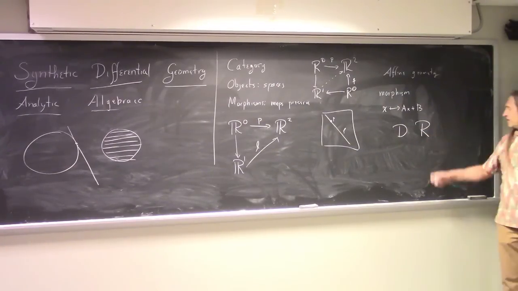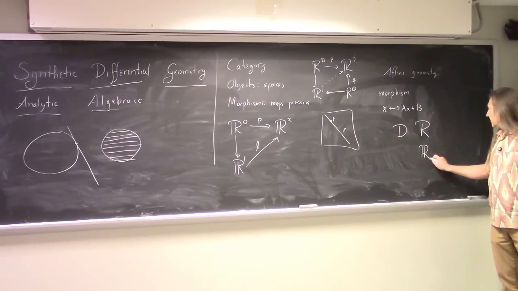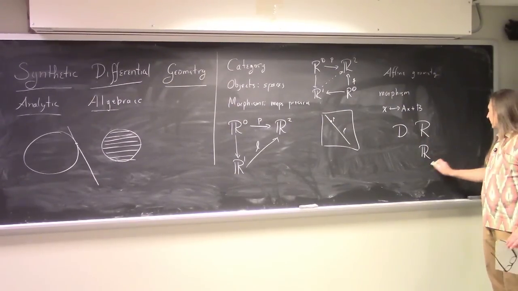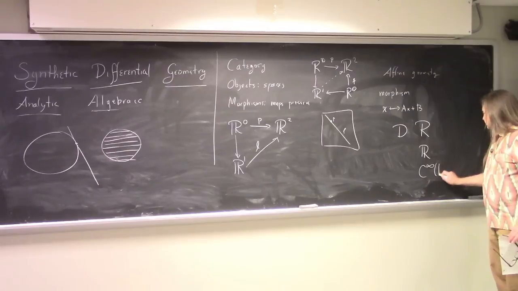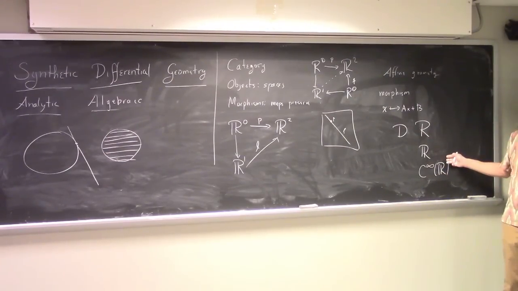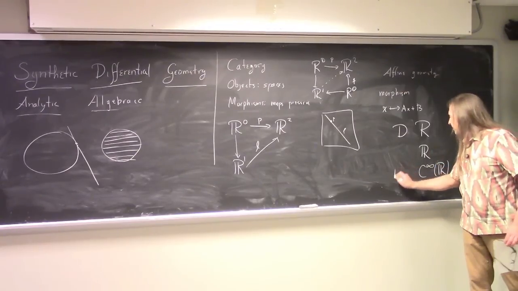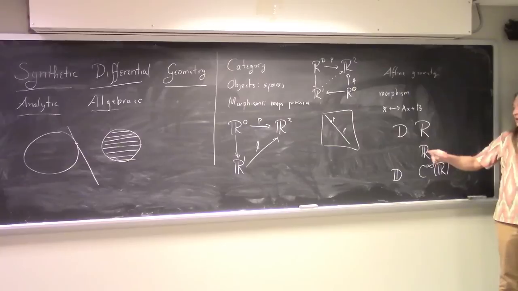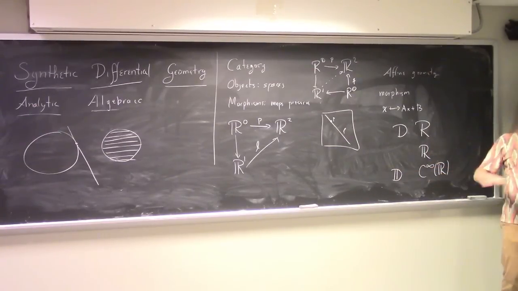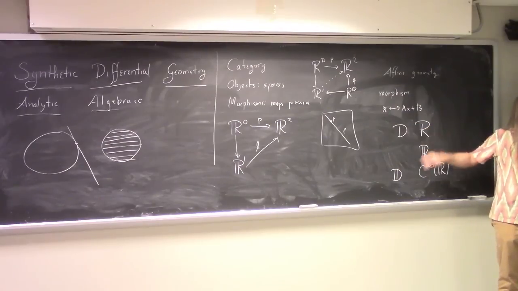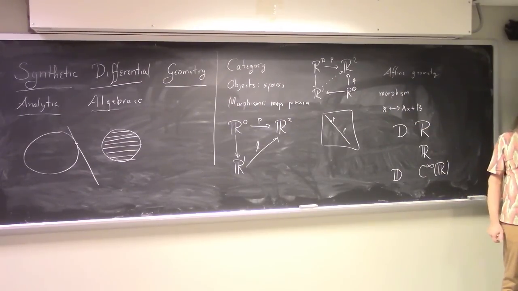So the space corresponding to this, functions on it would of course correspond to C infinity of R. I'm introducing this space artificially, thinking of dual numbers as somehow wanting to be real functions on this infinitesimal space.